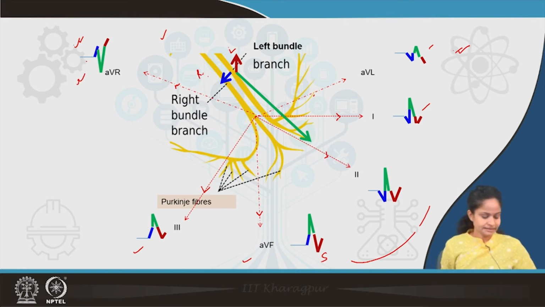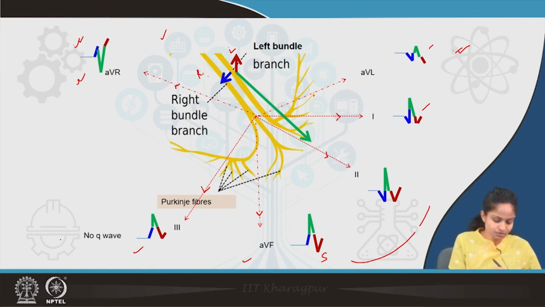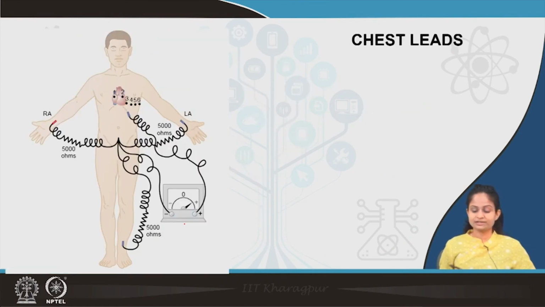So, this is the whole configuration of the QRS complexes in the hexaxial system. We can see there are no Q waves, or first negative wave, in AVR, lead 3 and also AVF. So, now we will see the chest leads.